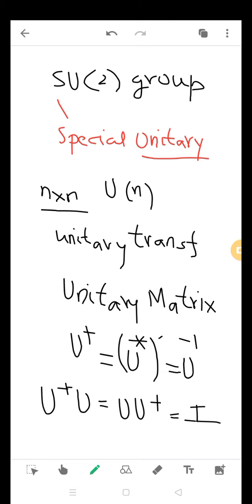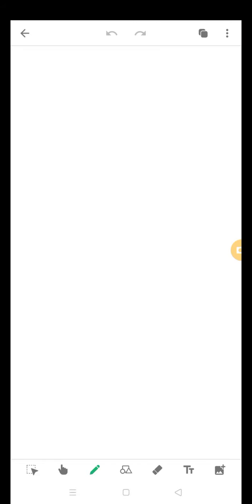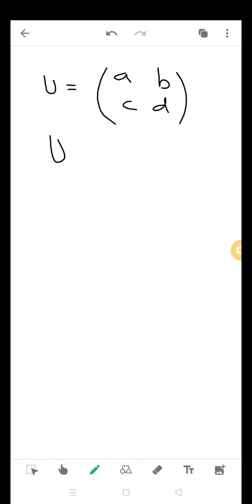Let us take an example. Suppose we have a matrix U as A, B, C, D. So U dagger will be A bar, C bar, B bar and D bar.